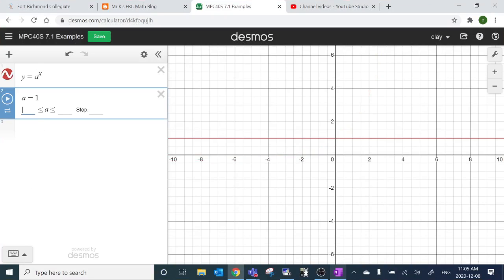Let's make a go from 0 to 5. And play in steps. We'll go in steps up, I don't know, 0.1. There we go. Play. Look what happens when a gets bigger. It goes more, and then it gets smaller. And look what happens when it goes past 1. That's a little faster than I wanted it to go. Slow down! Okay, but you get the idea.